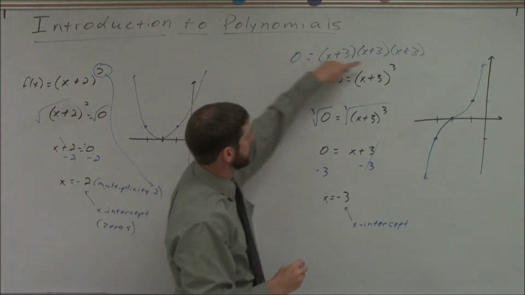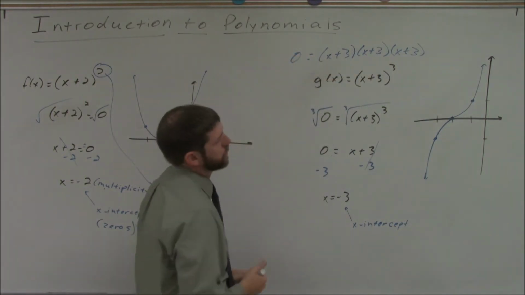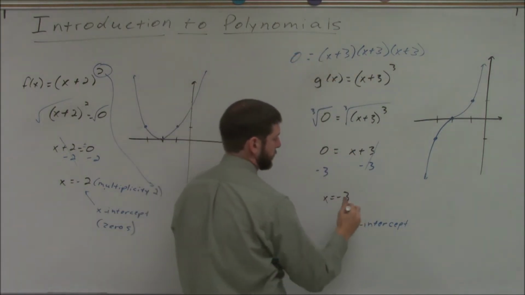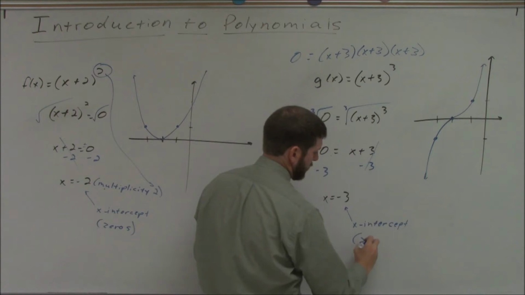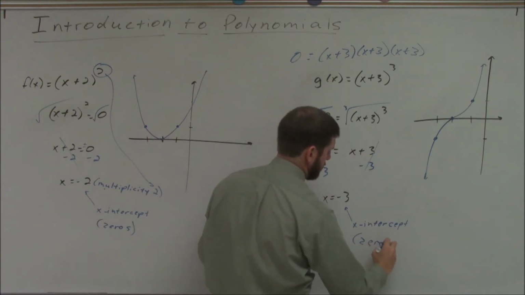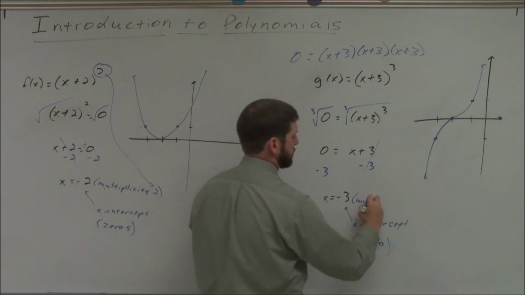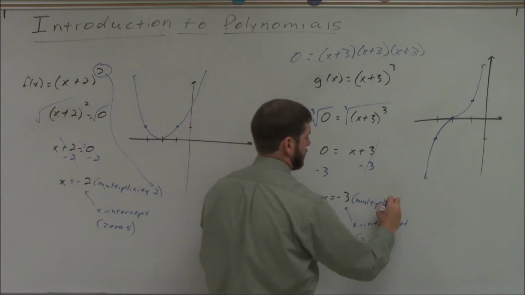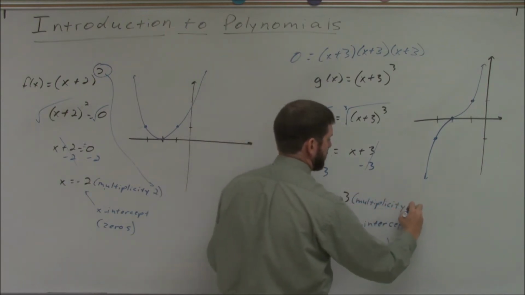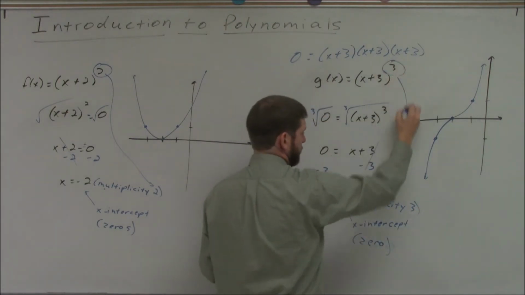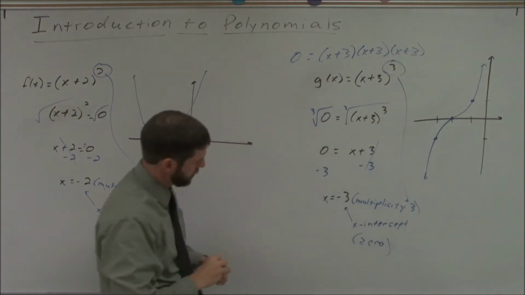So 1, 2, 3 of them all equaled 0. So this -3 as our zero occurred with a multiplicity of 3 times.